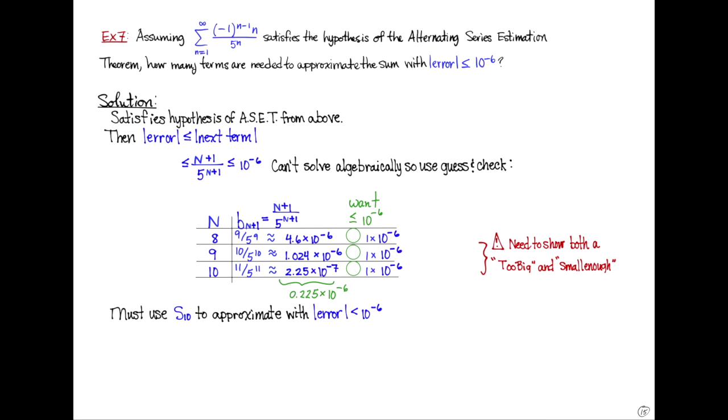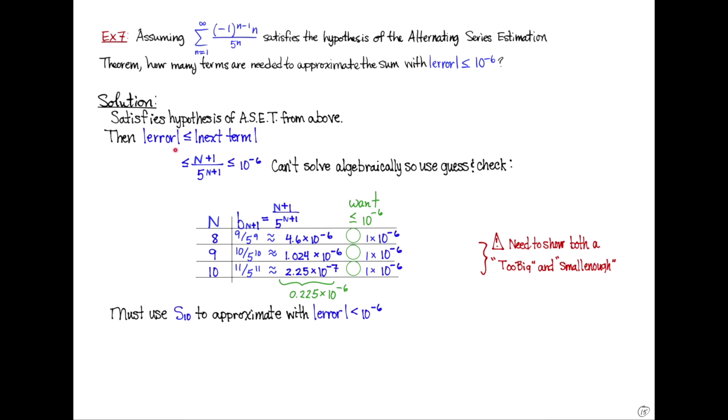And if that's the case, then you don't have to do any work. But if you're not told that, then make sure you do satisfy those hypotheses before you apply the alternating series estimation theorem. So we want to know how many terms do we need to approximate our sum with the size of an error less than or equal to 10 to the negative 6.